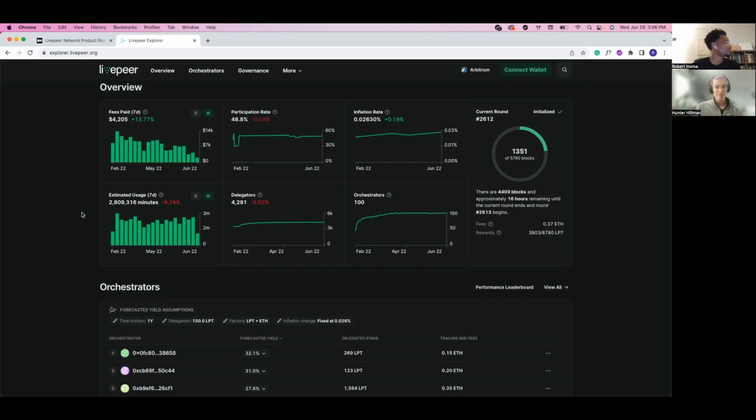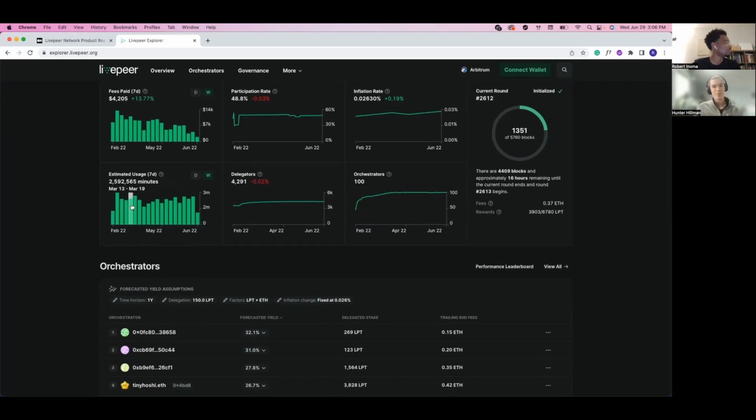Moving down, we have estimated usage in terms of minutes. This is an approximation, right? Because you can think that a given video can have different characteristics in terms of the bit rate, in terms of the size.